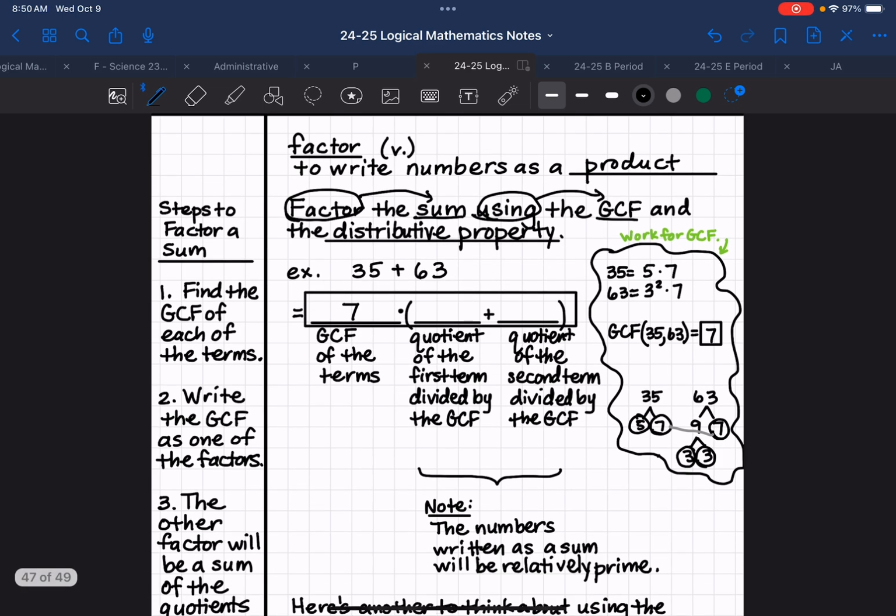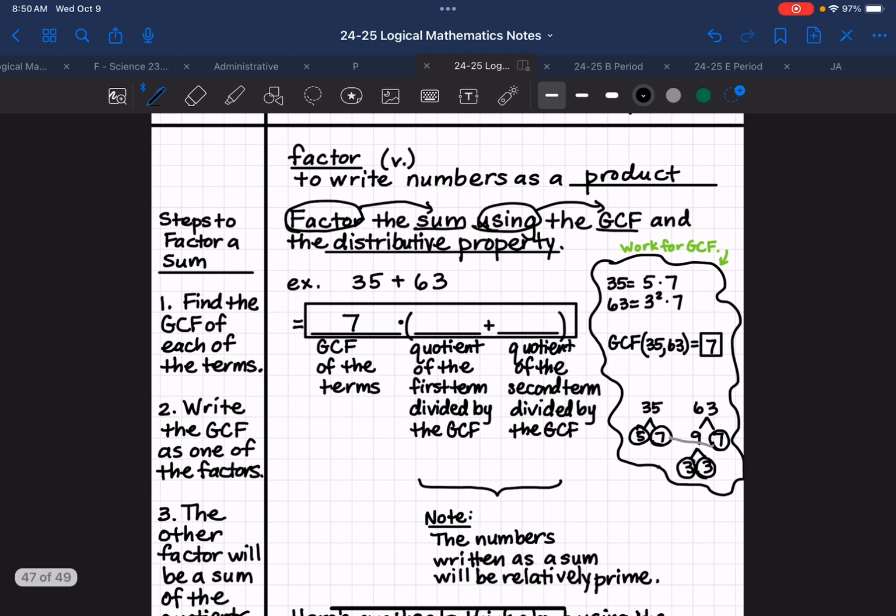And then I'm going to look at what number is multiplying 7 to equal 35. Well, the answer is 5. So 35 divided by 7 is 5. So this will be 5.